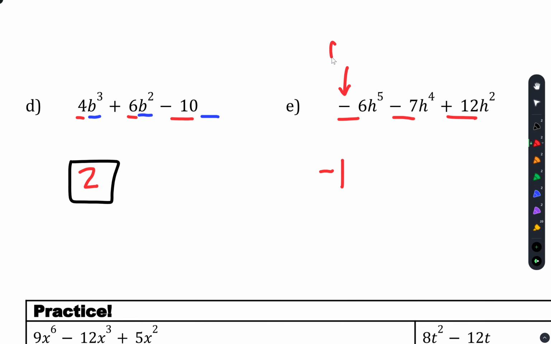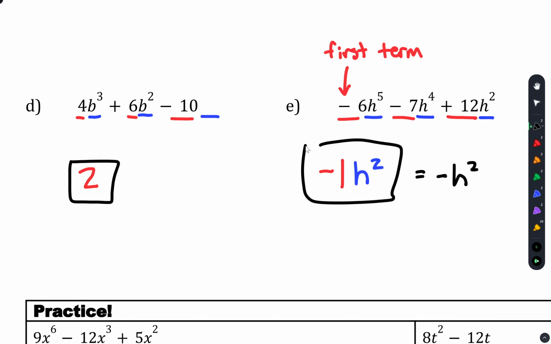So anytime that first term is negative, our GCF should also be negative. Those signs should match. What about the h's? H to the second, exactly. So if you wanted to simplify this, we could simplify this to negative h to the second. But either one is fine with me.